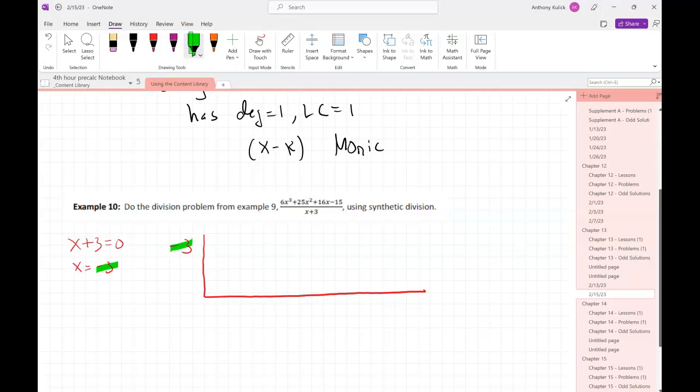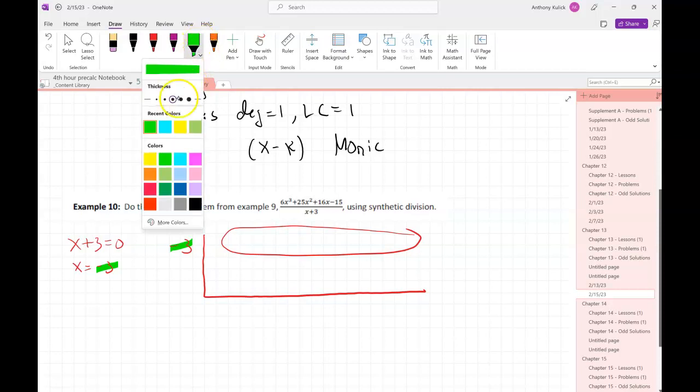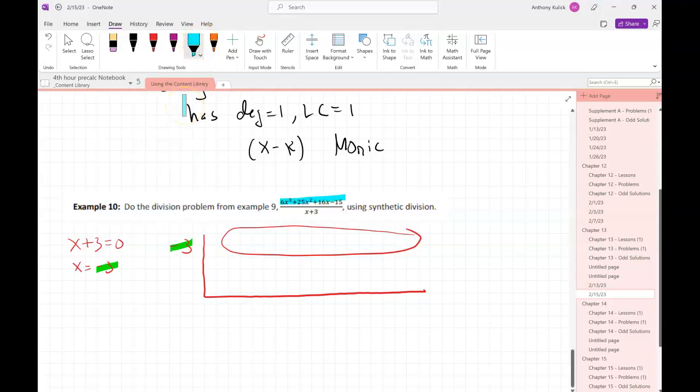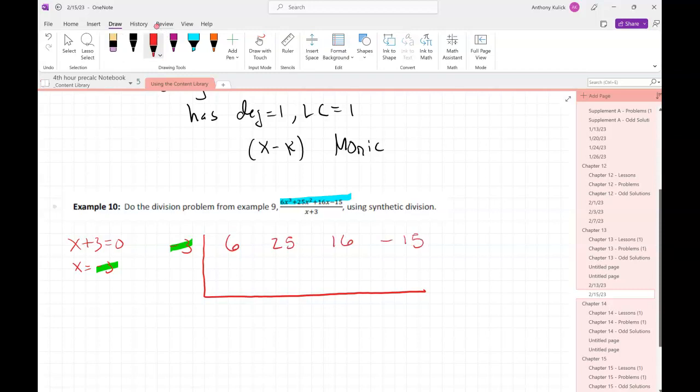Everybody's okay with that? What numbers am I going to put in here? I'm going to use the coefficients from my dividend. Now, what do I have to be especially careful about when I'm writing those in?